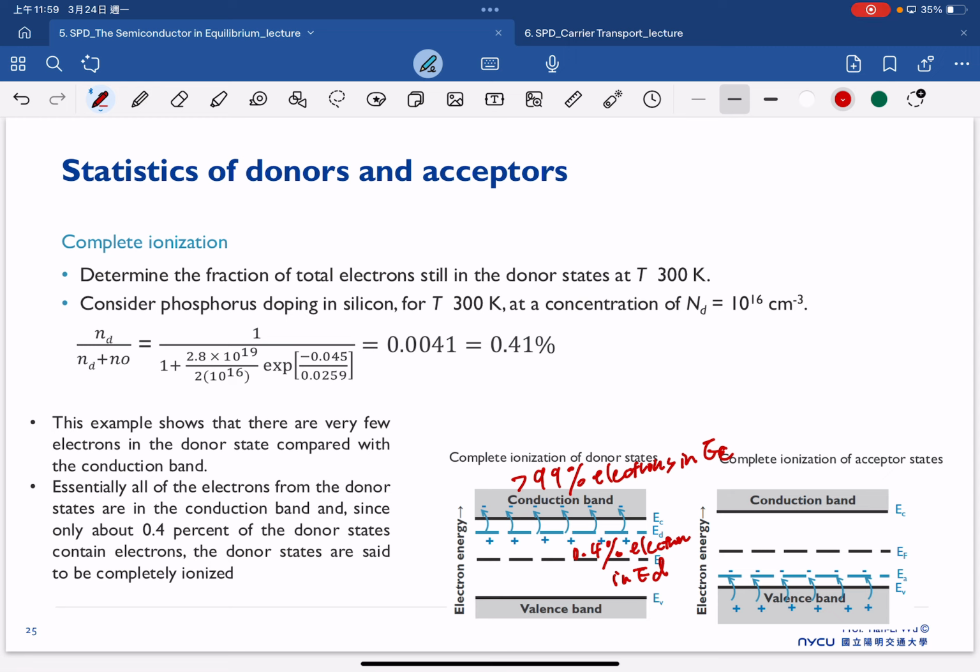So this example shows that very few electrons are in the donor state compared with the conduction band. This is a case that we generally call complete ionization.